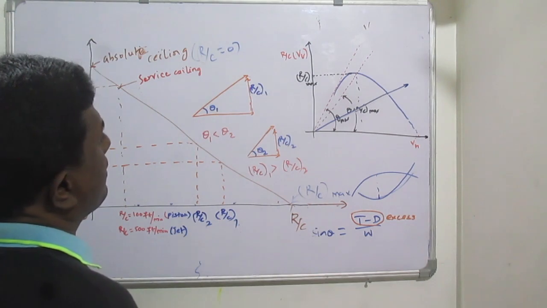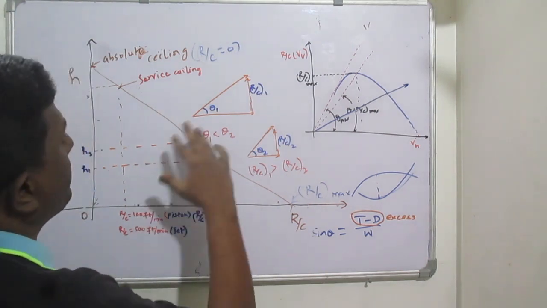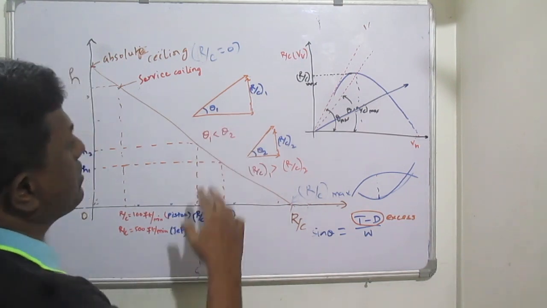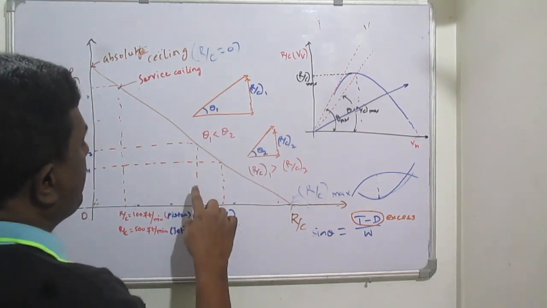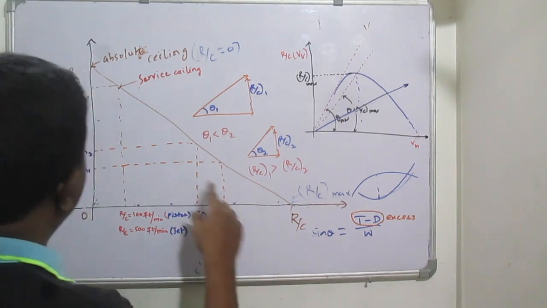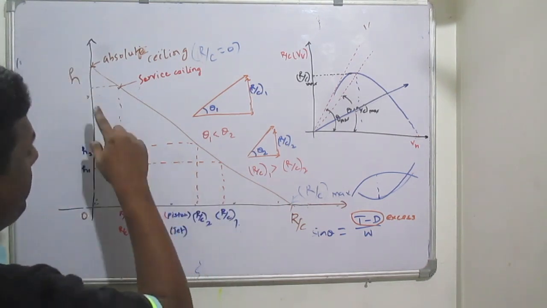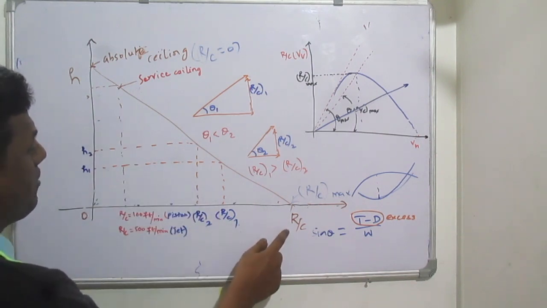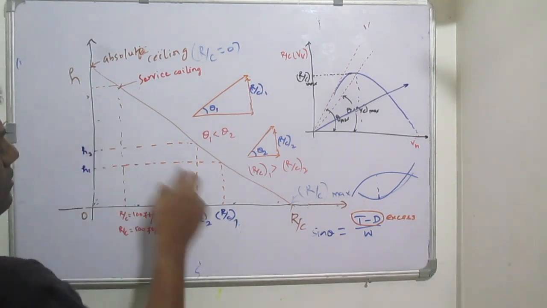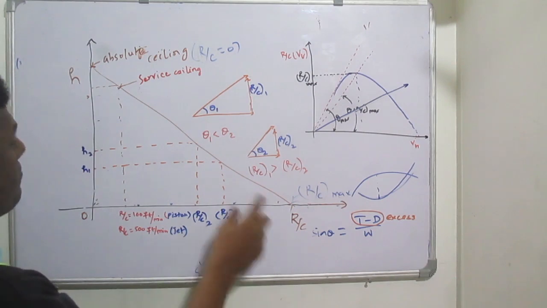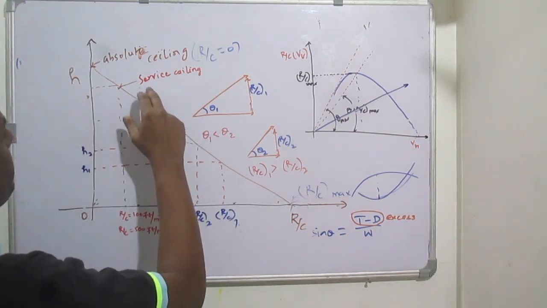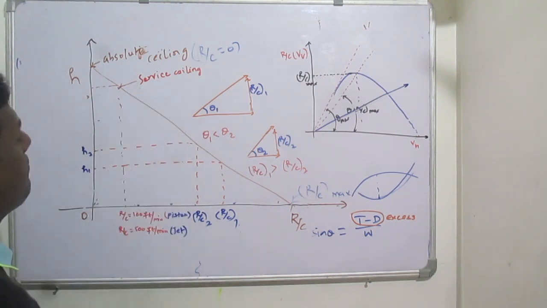This is the question on which we are discussing, especially the rate of climb versus height plot. The horizontal axis is the rate of climb and the vertical axis is the height, from which we find the absolute ceiling and service ceiling.